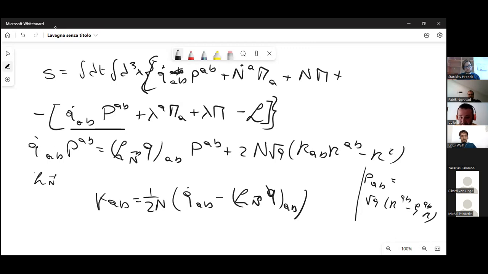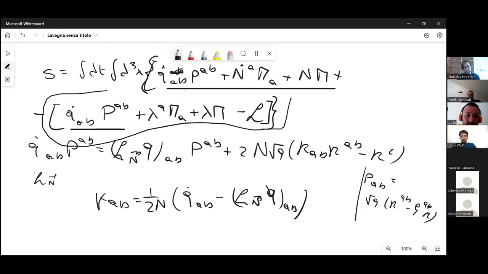Is it enough? In some places you replace P AB, and in other places you don't replace P AB. Yes, exactly. I don't want to replace it, because if we want to leave all of this here and have something else in here, what we get is that this term here will be the Hamiltonian.